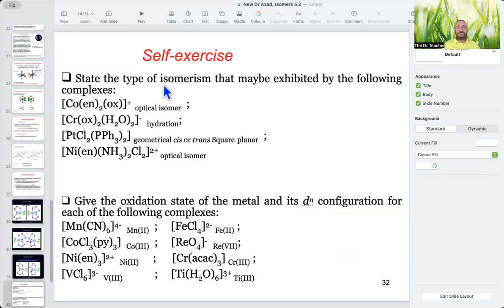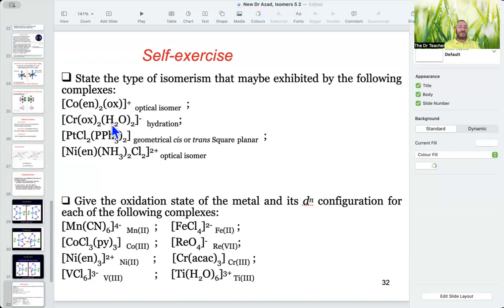Now, summary of knowledge: state the type of isomerism that may be exhibited by the following complexes. I have the answers beside them. If you draw this, you can find oxalate, and this is octahedral.